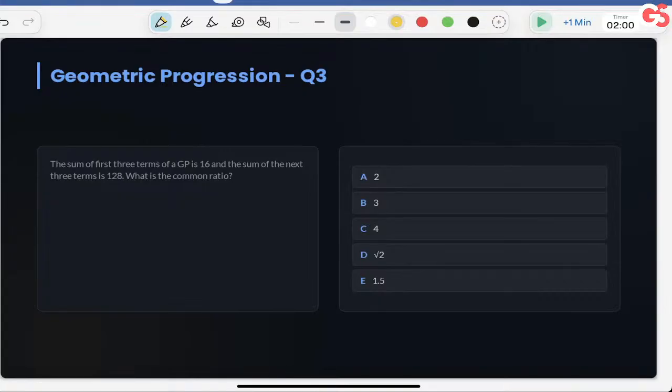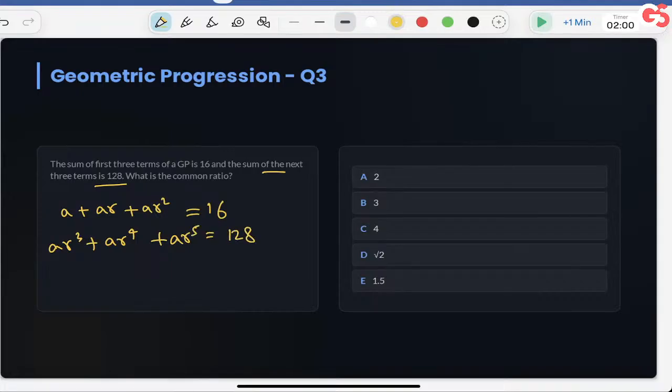First three terms of a GP. So let's say the first three terms are a plus ar plus ar square. By the way, I would have taken a by r, a and ar, but because we have next three terms also, so no need of taking that. This is given as 16, and the next three terms, that is ar cube plus ar to the power 4, ar to the power 5 is given as 128.